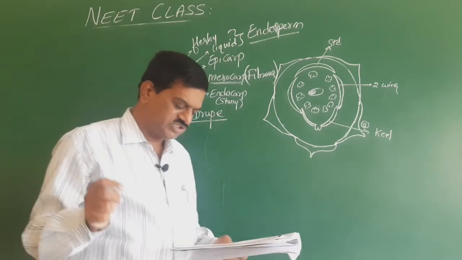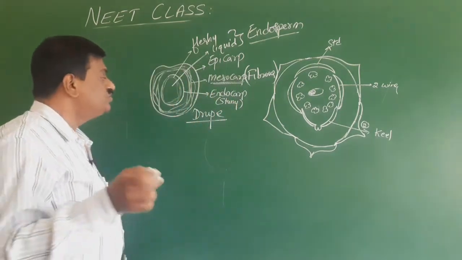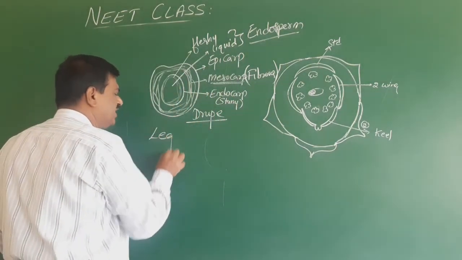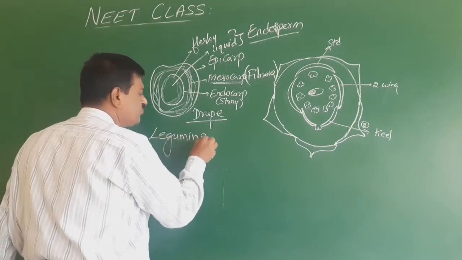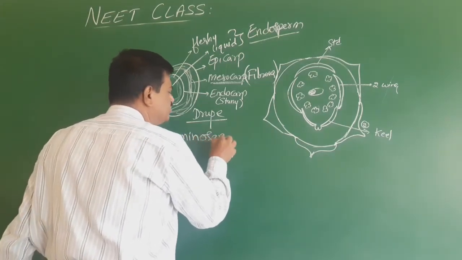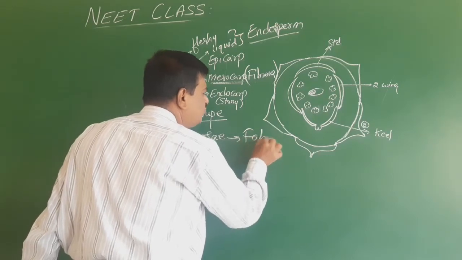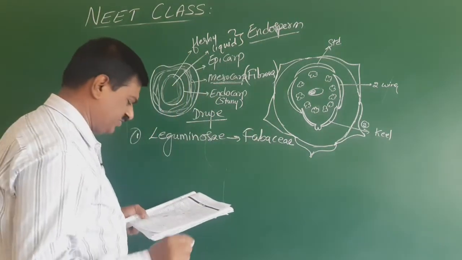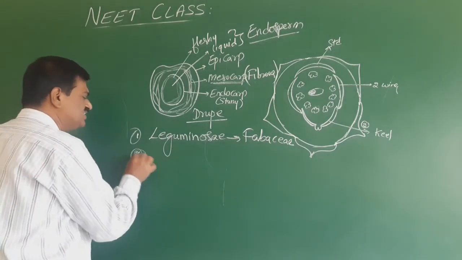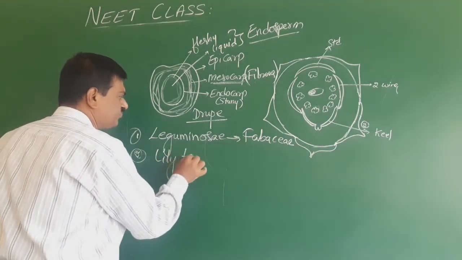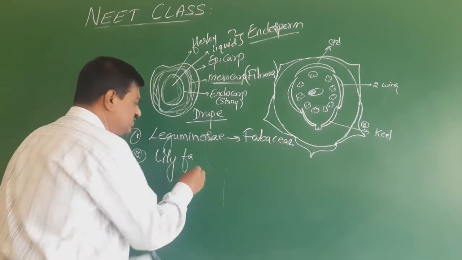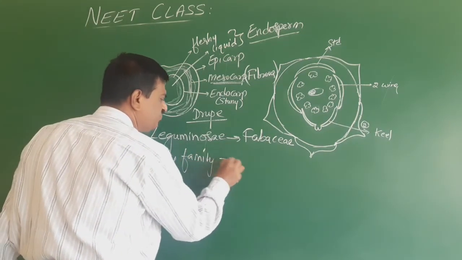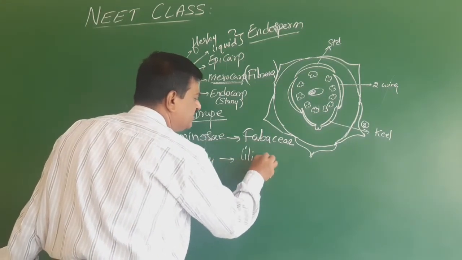The first option is Leguminosae. This is commonly called the Fabaceae family. The second option is the lily family, and this lily family is nothing but Liliaceae.